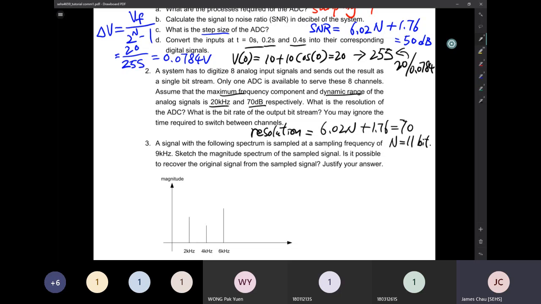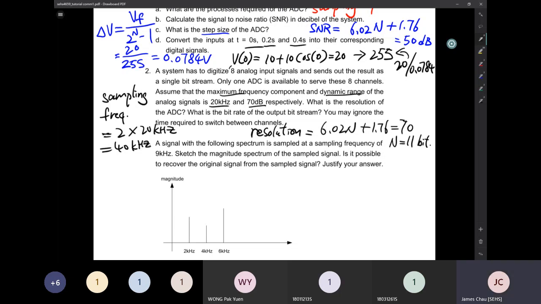By using the Nyquist theorem, the sampling frequency should be at least 2 times the maximum frequency. Therefore, you have 2 times 20 kilohertz, which is equal to 40 kilohertz. Now you have the sampling frequency.